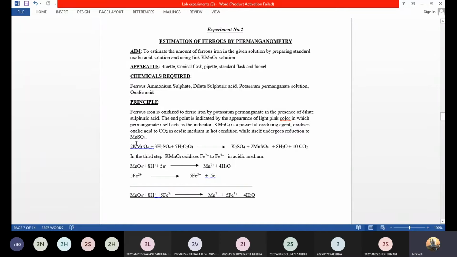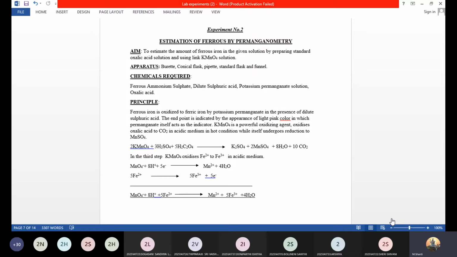Calculate the oxidation state of manganese in KMnO4 and again get the oxidation state of manganese in MnSO4. Then oxidized. Yeah, calculate the oxidation state of manganese in KMnO4. So how to calculate the oxidation state of manganese here? You know how to calculate?